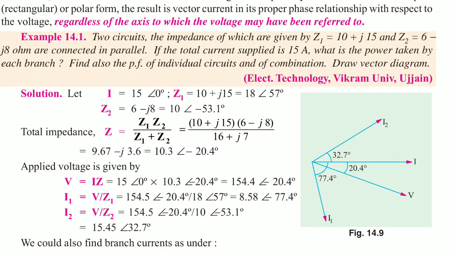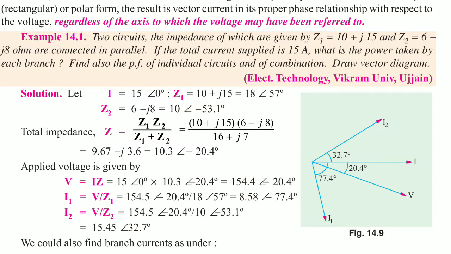So the resultant impedance, or the total Z, is equal to Z1 into Z2 by Z1 plus Z2, that is, 10 plus J15 into 6 minus J8 divided by 16 plus J7.